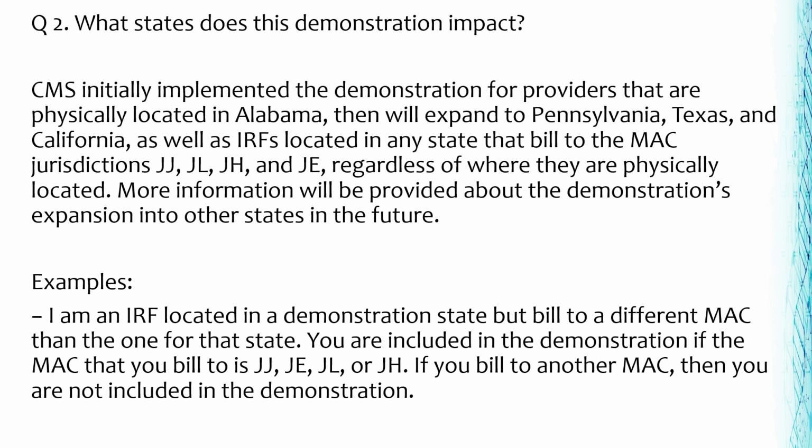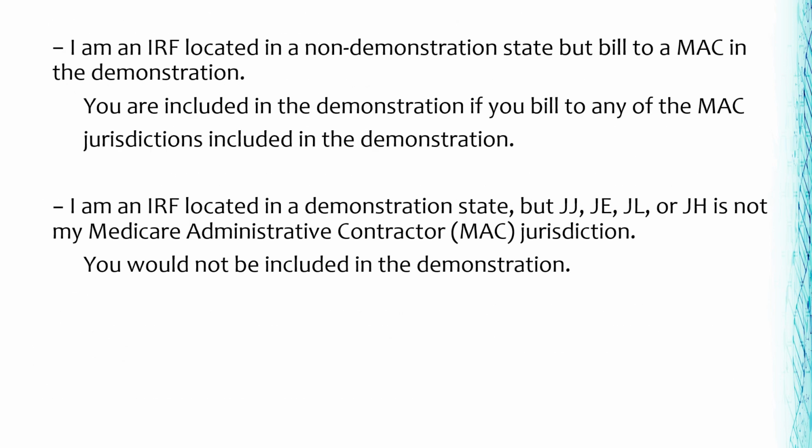Examples: I am an IRF located in a demonstration state but bill to a different MAC than the one for that state. You are included in the demonstration if the MAC that you bill to is JJ, JE, JL, or JH. If you bill to another MAC, then you are not included in the demonstration. Another example: I'm an IRF located in a non-demonstration state but bill to a MAC in the demonstration.